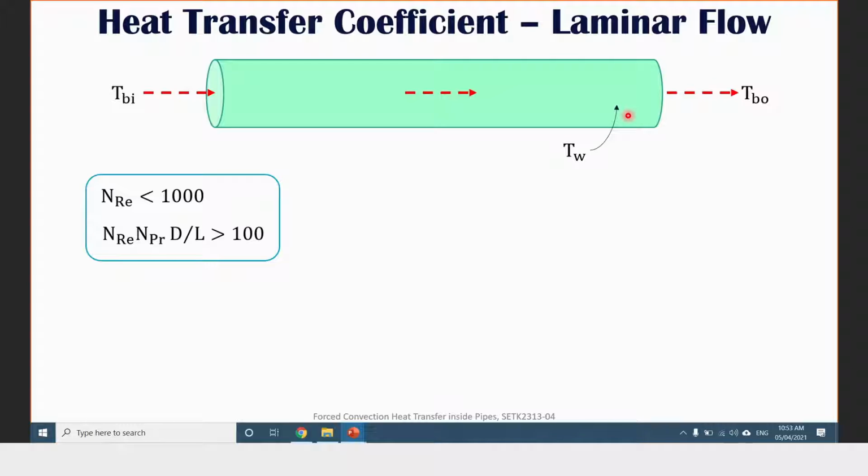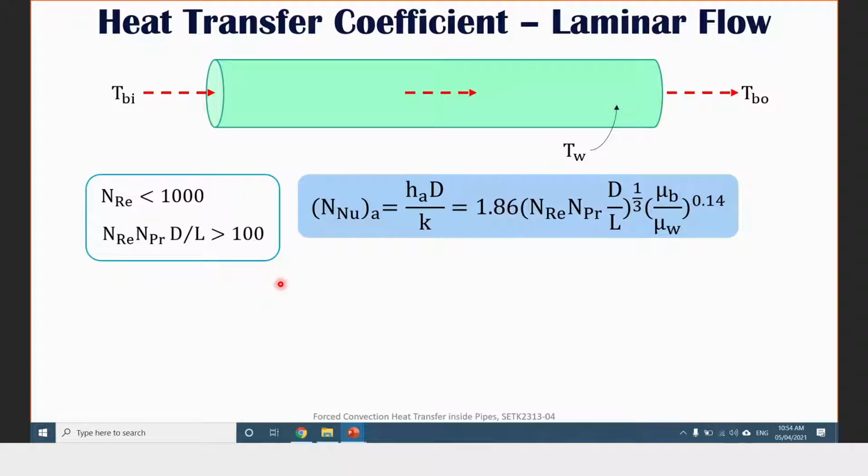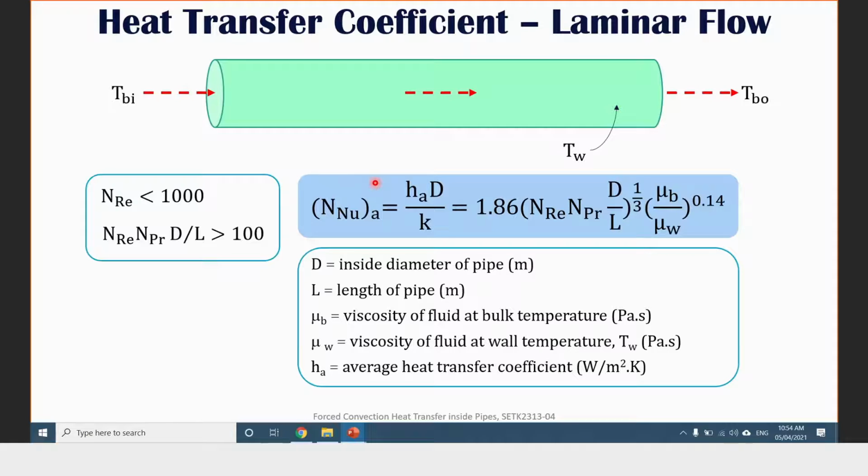These are the conditions where you can use this equation to calculate the average Nusselt number. The average Nusselt number equals the average heat transfer coefficient times the diameter of the pipe divided by K.